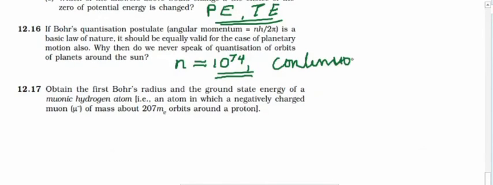So therefore, being a continuous distribution, it's not possible to apply the principles of Bohr quantization in the case of planetary distributions.